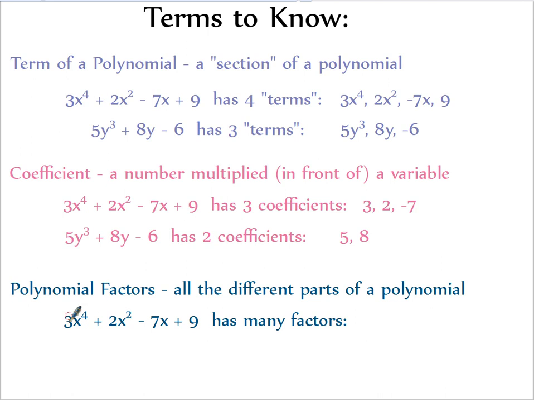So 3x to the 4th contains a 3 and an x to the 4th, and they'll list those separately as factors. Then we have a 2 and an x squared, then a negative 7, then an x, then a positive 9. In your book, these are listed as factors. Sometimes I have seen, since this is an x to the 4th, an x squared, and an x, that they just would say the variable x is a factor.